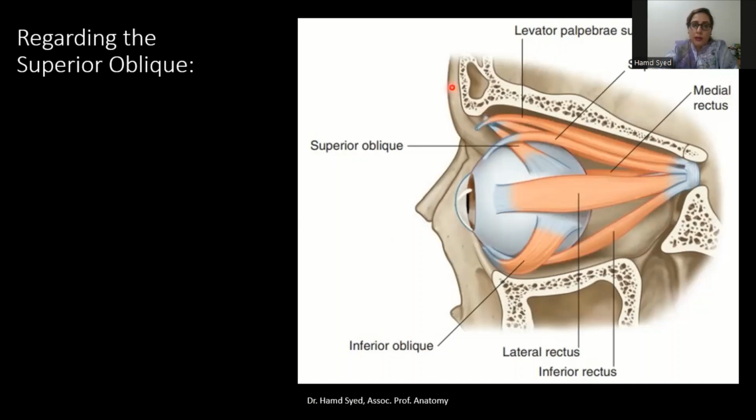The trochlea is simply a fibrocartilaginous pulley, which is present on the inner aspect of the frontal bone. The superior oblique muscle passes through this trochlea, and then it passes posterolaterally to be inserted into the outer posterior quadrant of the eyeball. So this shows us the pathway of the superior oblique muscle.